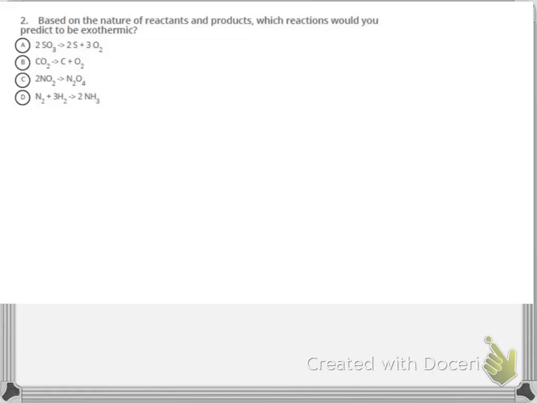In the next question, we're asked to do the same type of analysis, but with real elements involved. We're going to use the general principle here. We substitute A and B for the individual elements, and we're looking for combinations of AA or BB.